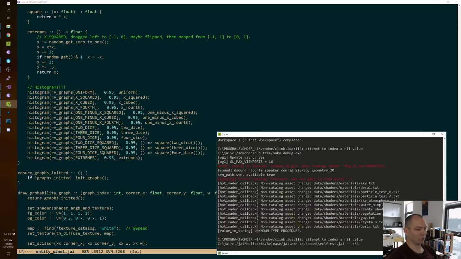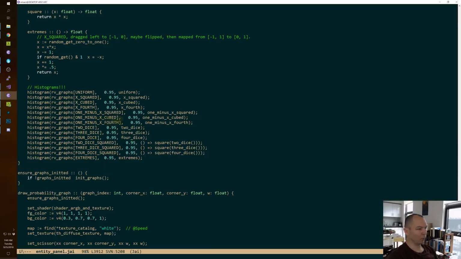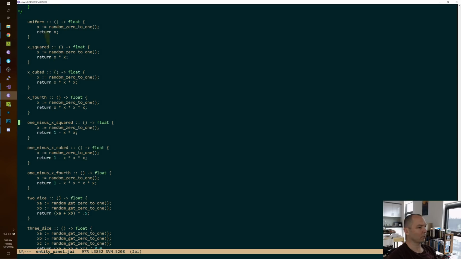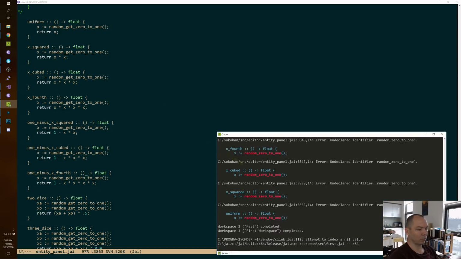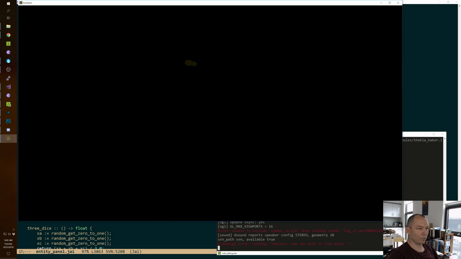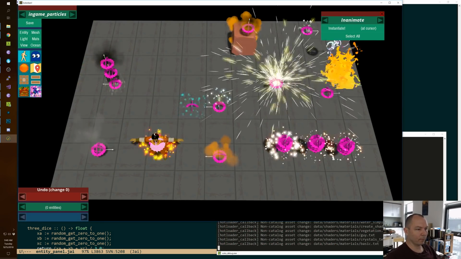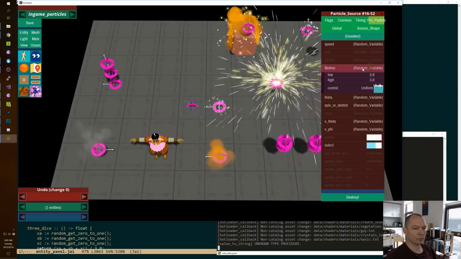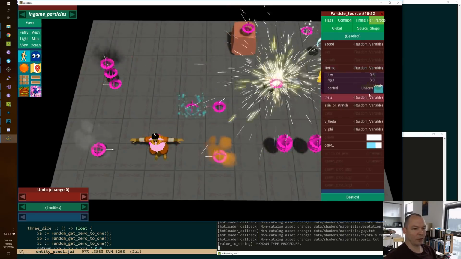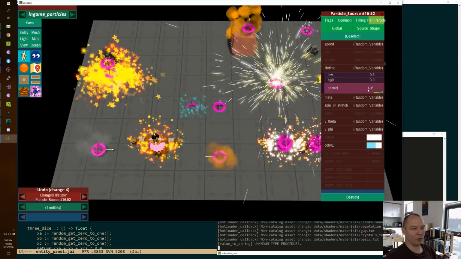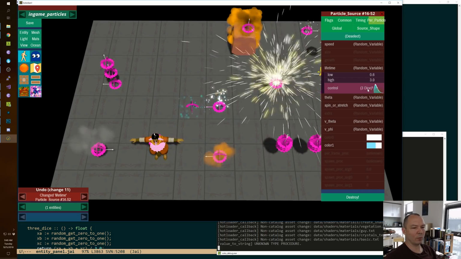Okay. So uniform, it's kind of uniform. X squared, x cubed. Wait, why are my x squared so extreme now?